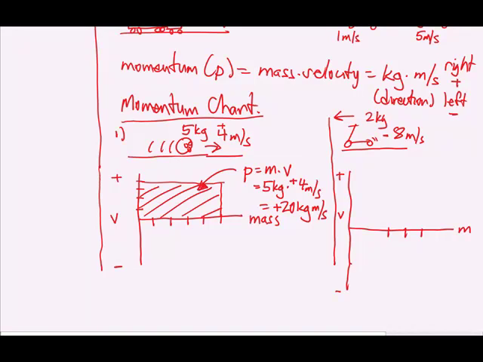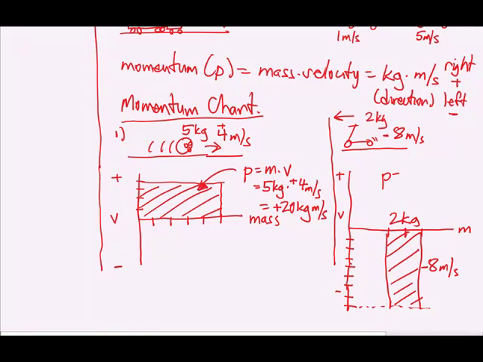Now notice it's going to the left, so I have to call that negative 8 meters per second. So 1, 2, 3, 4, 5, 6, 7, 8. Let's go ahead and draw a rectangle here. So it's interesting, my rectangle is 2 kilograms wide. It's 8, but actually negative 8 meters per second high.